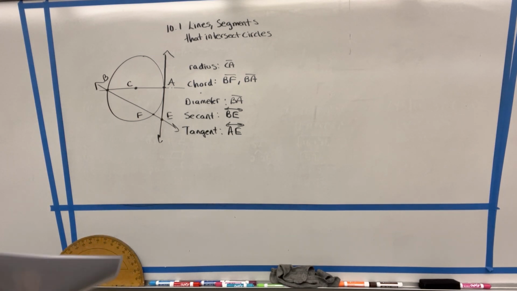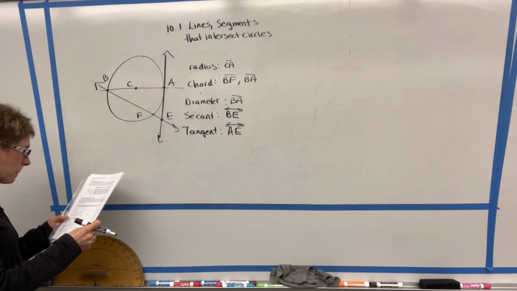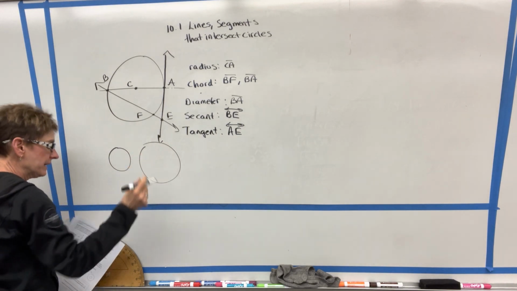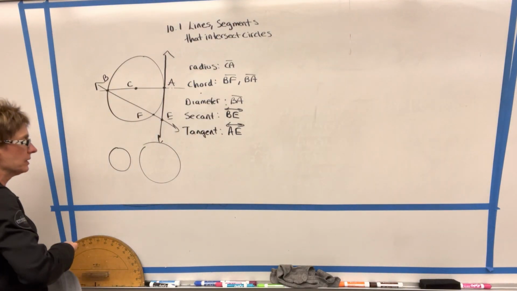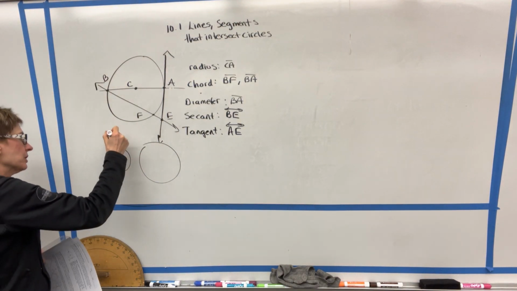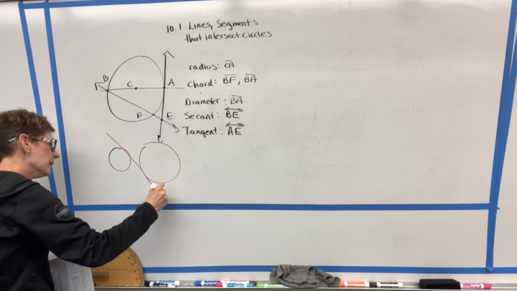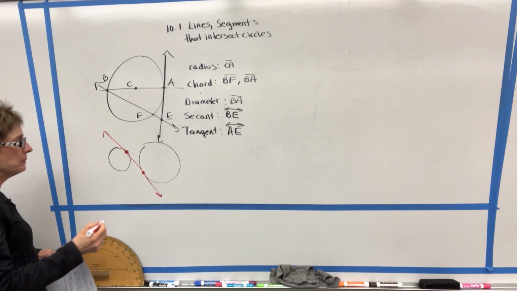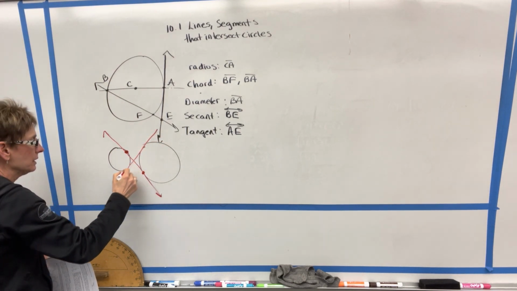Now I wanted to show you just a little mini picture here. Sometimes on the SAT exam, they'll ask you to find something called common tangents. So a common tangent would be a line that touches 2 circles at 1 point. So that would be an example of a common tangent.